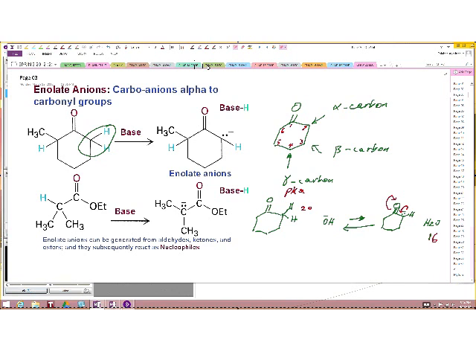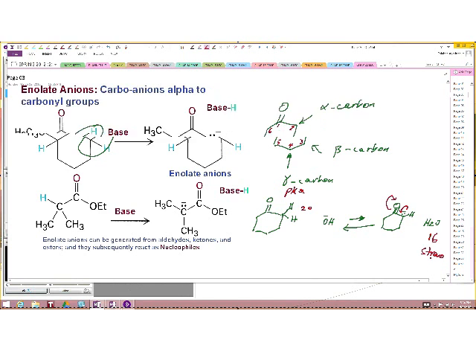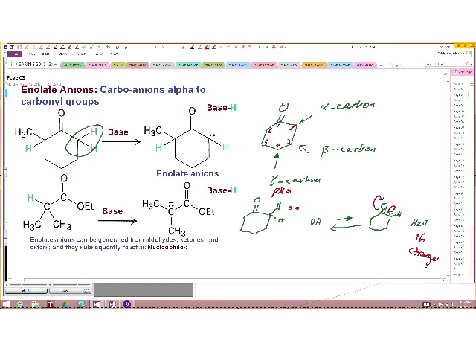Now, whenever you want to perform an acid-base reaction in organic chemistry, the direction of the reaction goes from the stronger acid to the weaker acid.